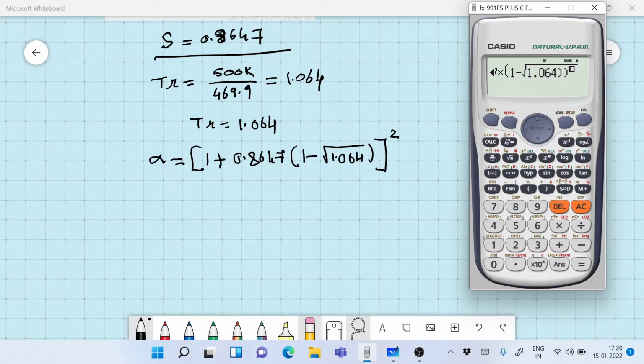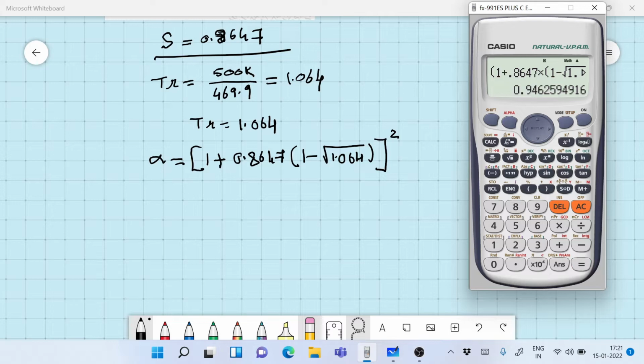Let's delete it off. Yes, so we need to come out of this. There was a slight mistake here. We need to come out of the square root. So we put the bracket here now. This is the bracket out of the square root, and this is the second bracket out of the square root, and we square it. Okay, there was a square root inside this, so we'll have to delete this off.